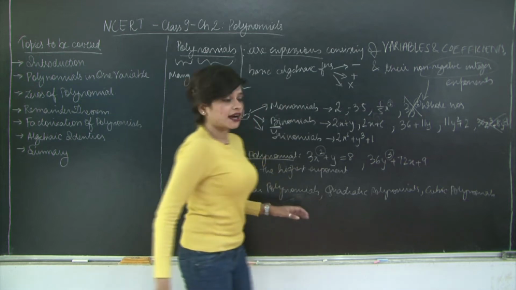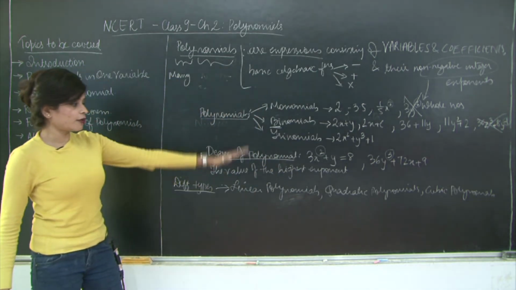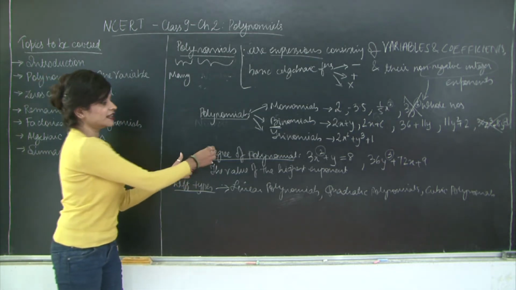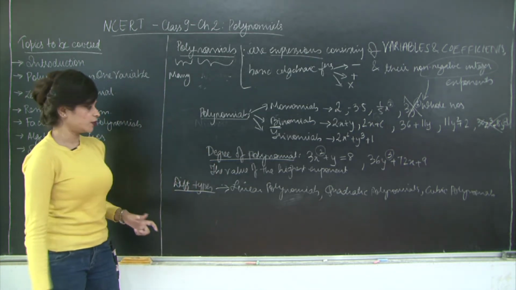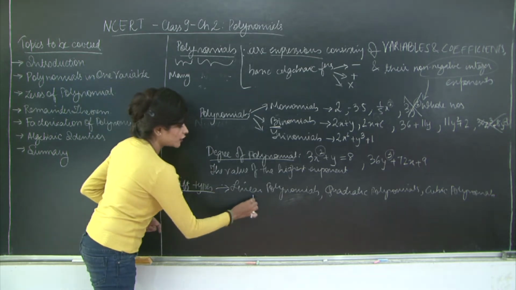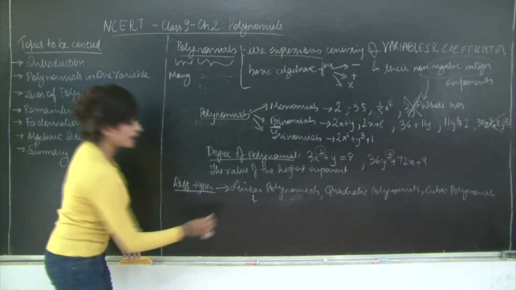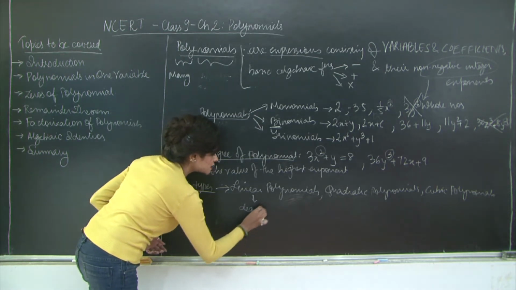So polynomials are classified as linear polynomials, quadratic polynomials and cubic polynomials depending upon the degree of the polynomial in your equation. So a given polynomial is linear wherein the degree is always 1.